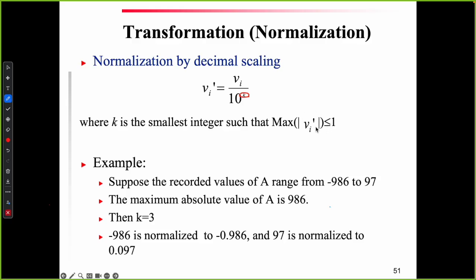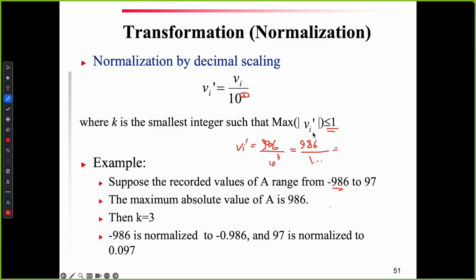Now, for example, let's say the largest absolute value is 986. I'm talking about the absolute value. Dividing this by 10 to the power of 3, which is 1000, is enough to give a result between -1 and 1. So 986 divided by 1000 gives you a value whose absolute value is less than 1.